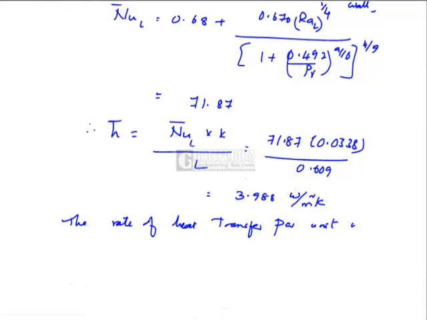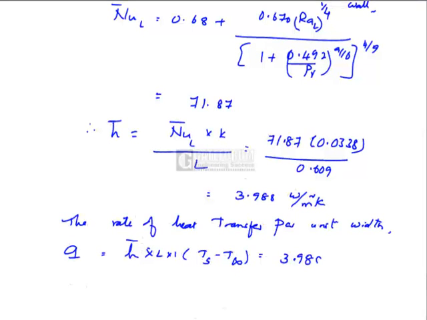Therefore, the rate of heat transfer per unit width is given as Q is equal to h bar L, and the unit width has been given, L into 1, into temperature of the wall minus temperature of the fluid.